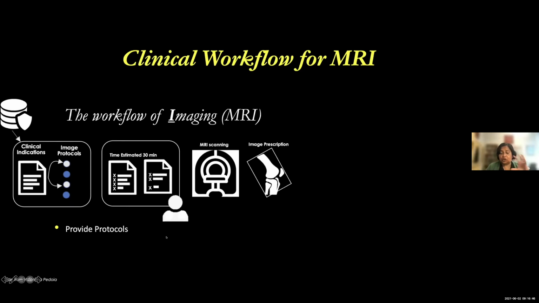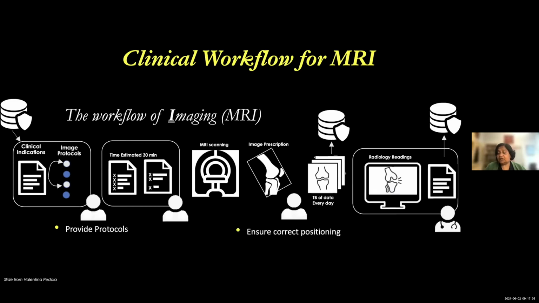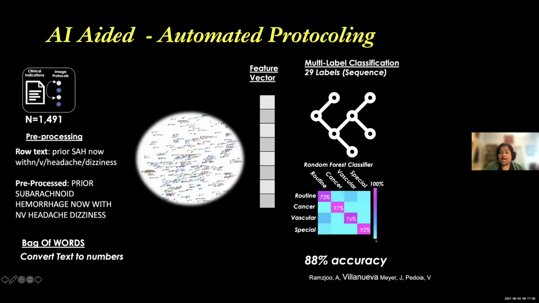The image location has to be determined as to where we are going to obtain these images, the image prescription. The radiologist is called in, and you want to make sure if there are questions about image positioning, and if they aren't available, often there are rescan needs. After that, the image is acquired and large numbers of images are obtained. The images are read and the report is generated, and so on.